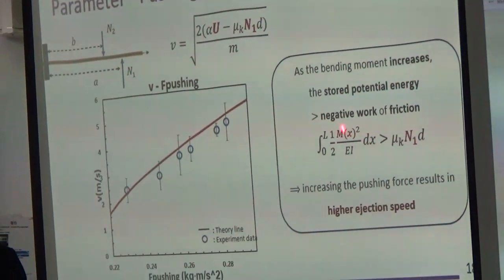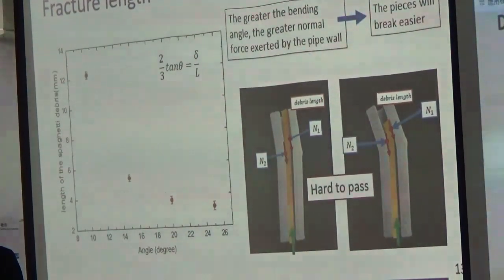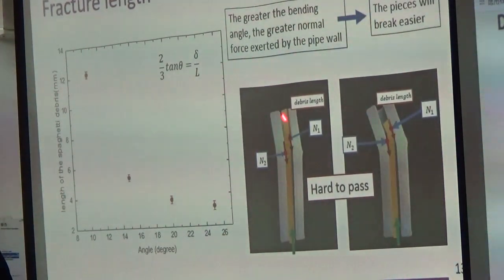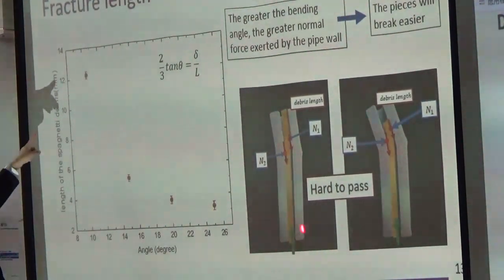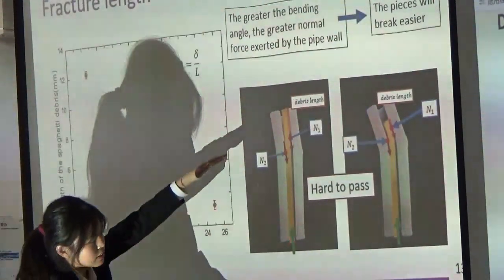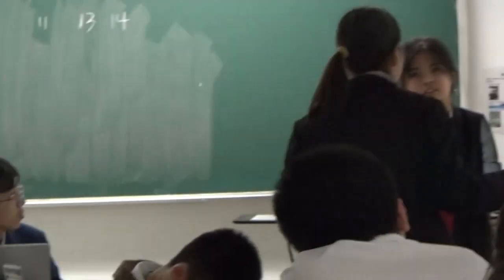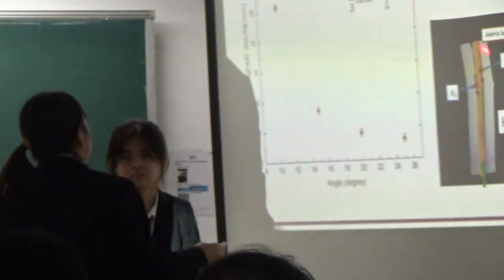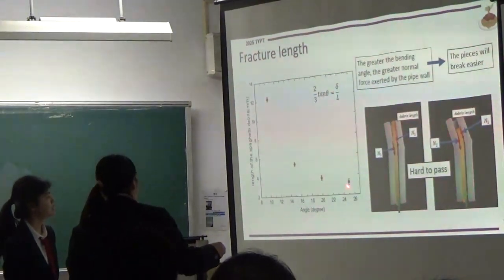Turn to page 13. What is the real length of the spaghetti, how many centimeters? The full length will be 10 centimeters, but it will not affect the phenomenon. So the first length is here. Yes. So this is the error bar.